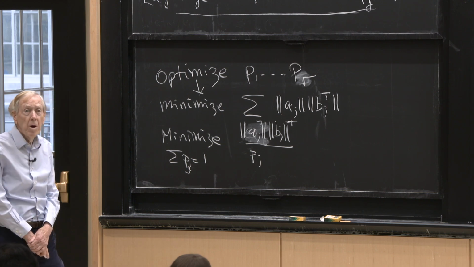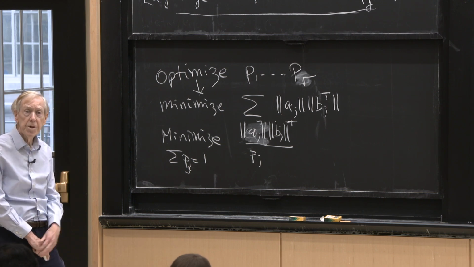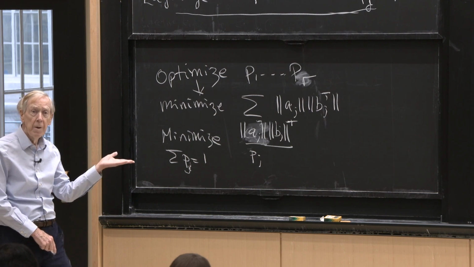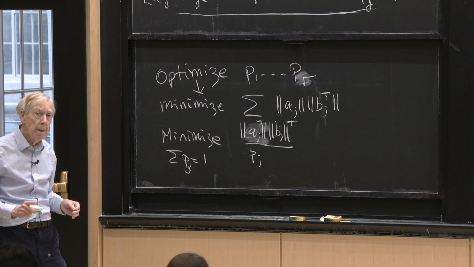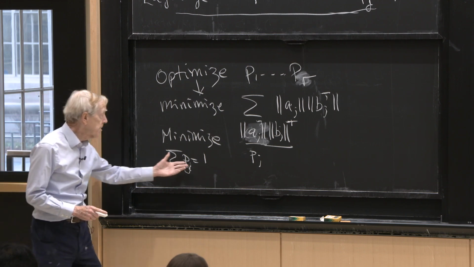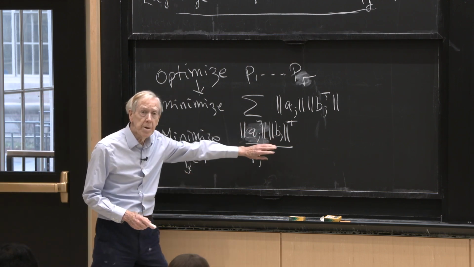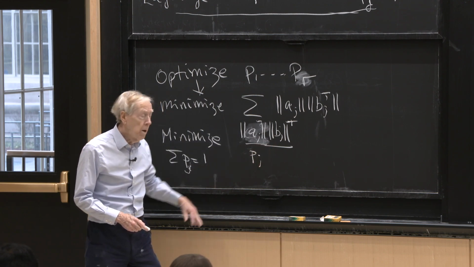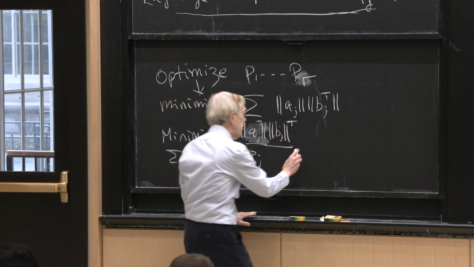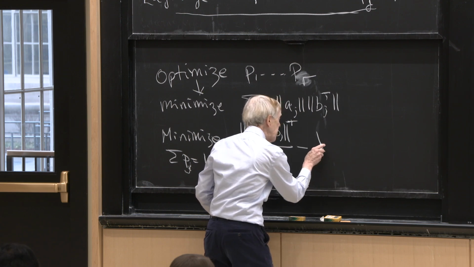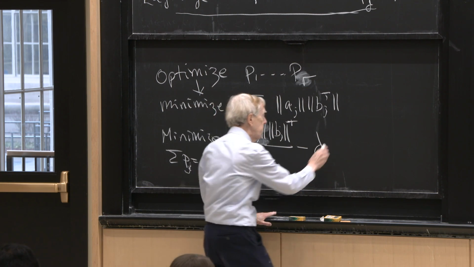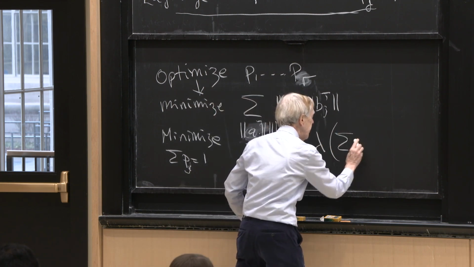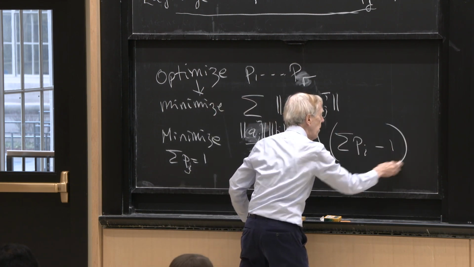And Lagrange had the great idea. So this is maybe the first time we've used his idea. Do you remember what his idea is? He takes this constraint and he builds it into the function. He multiplies it by some unknown, mysterious number, often called lambda, but nothing to do with eigenvalues, of the constraint that the pi's should add to 1.